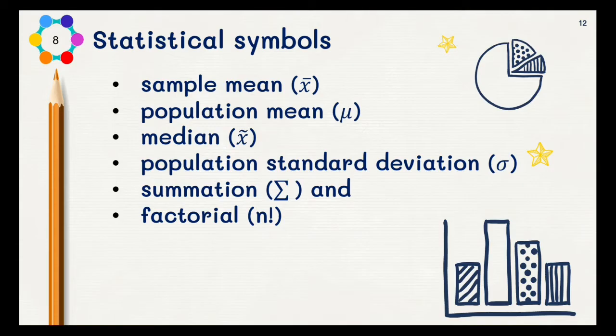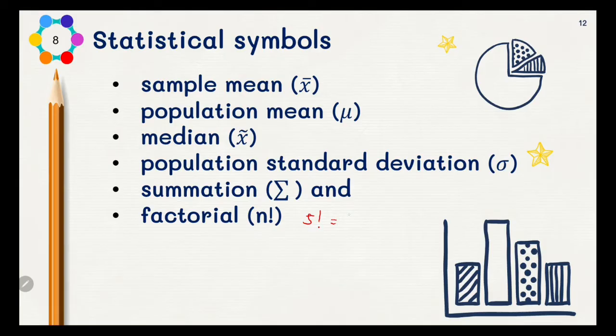Next is statistical symbols. Sample mean, which is the average from the sample. You have population mean, which is the average from the population. Median, which is the middle score. Population standard deviation. And then we have the summation. And then we have the factorial. 5 factorial.